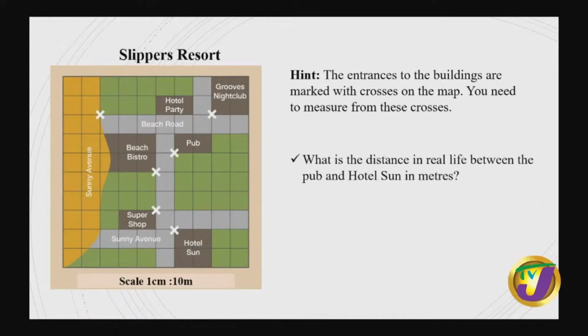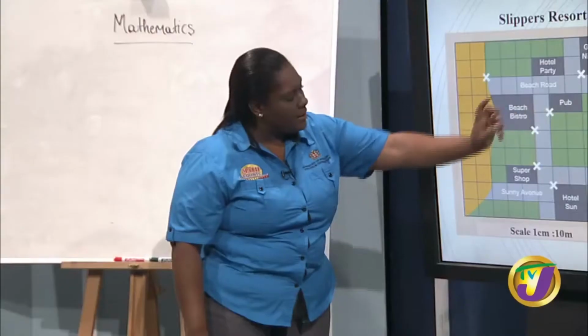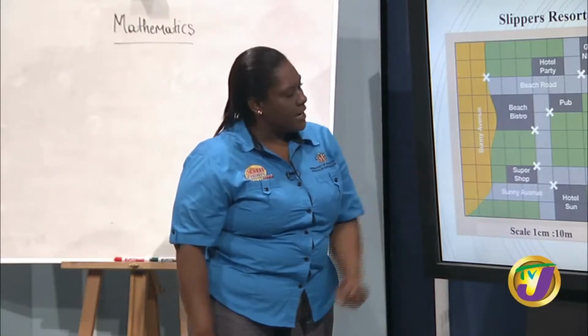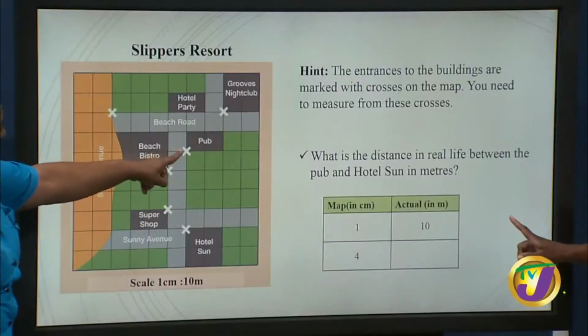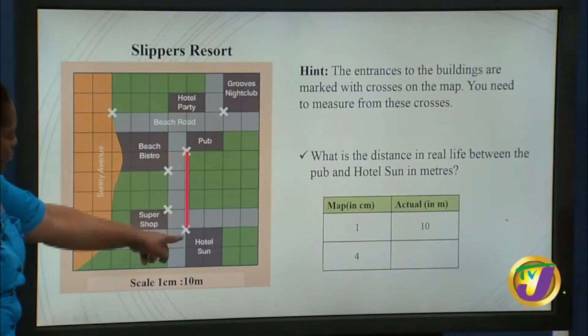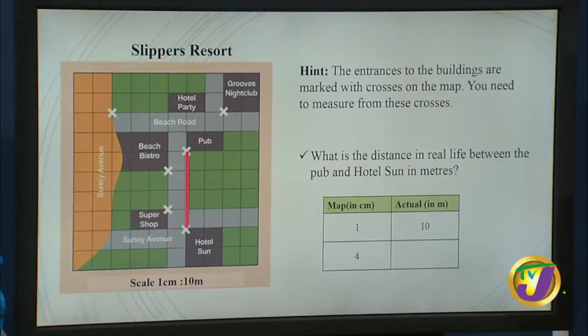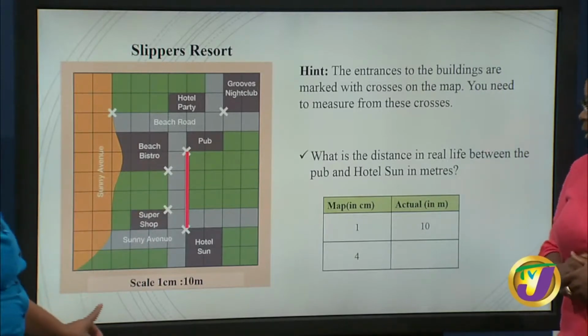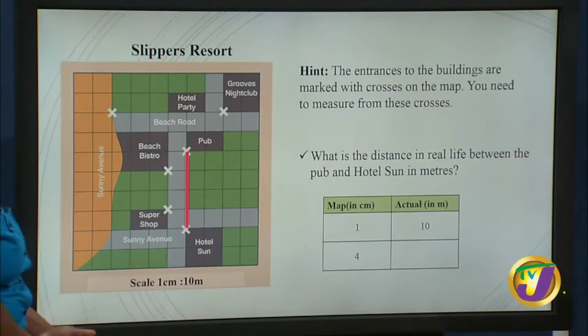So let's look at it. First question. What is the distance in real life between the pub and the Hotel Sun in meters? So here is the pub and the Hotel Sun is right there. Okay. So the total distance would be a line drawn right there. Now the scale is important. And what kind of scale are we using here?